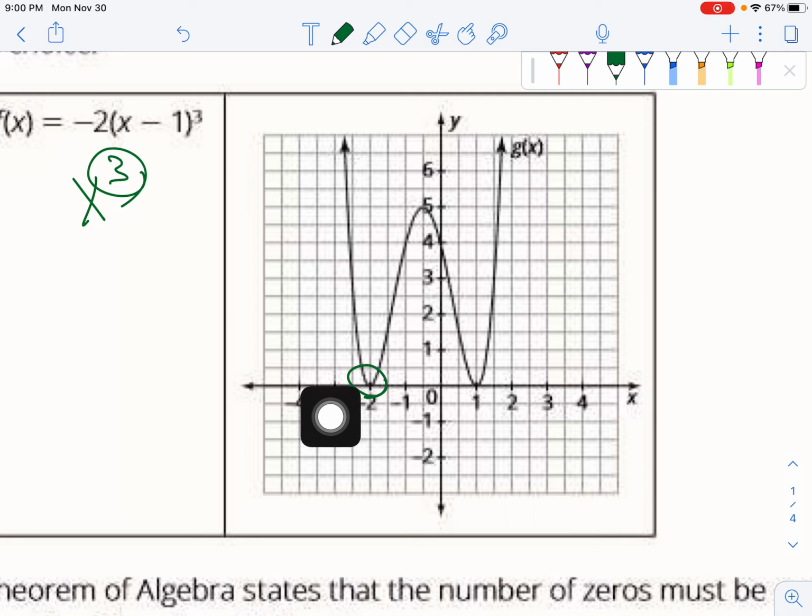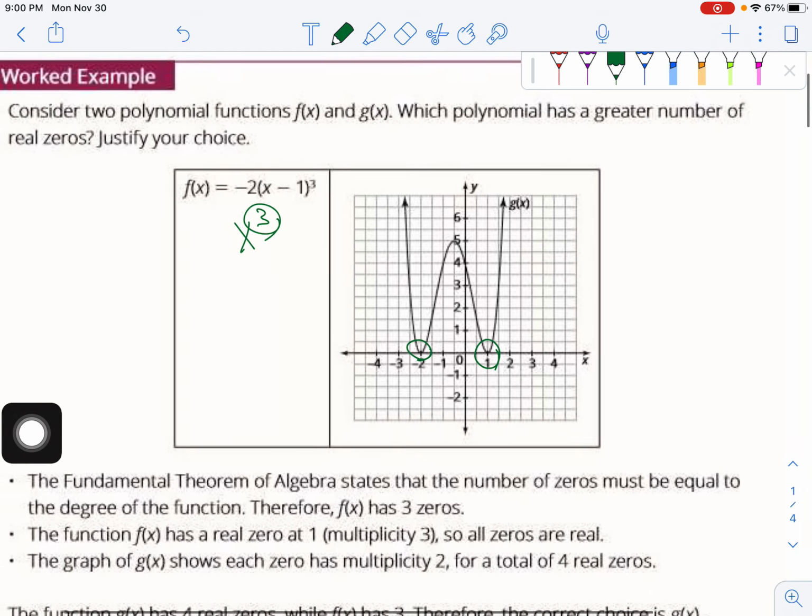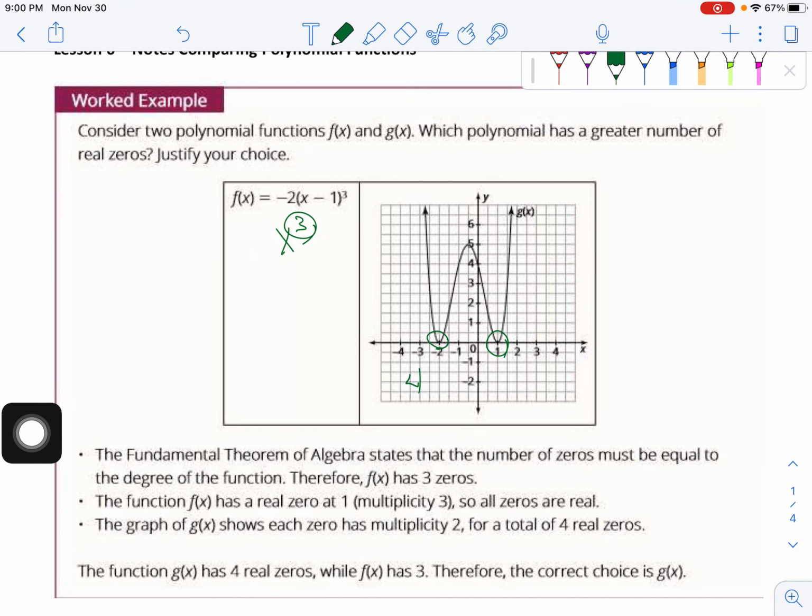This is actually using this -2 as a root 2 times. Same thing over here with 1. So this is used 2 times for a root. So therefore you've got 2 here, 2 roots here. That's a total of 4. Okay, so this is actually a 4th degree polynomial.